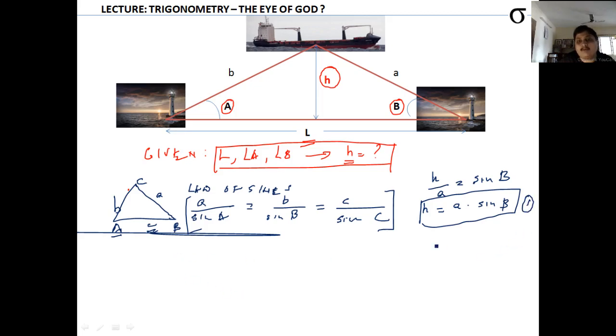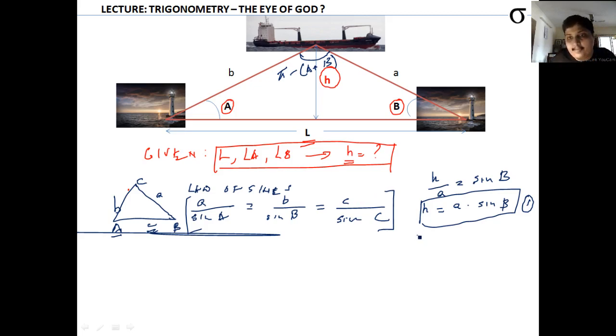Now, what do we do next? So what we know is L. So we have to find a relation between them. Okay, we need to first find out what this angle is. This angle would be pi radians minus (A plus B), because the sum of the angles of a triangle sums up to 180 degrees, which is pi radians.